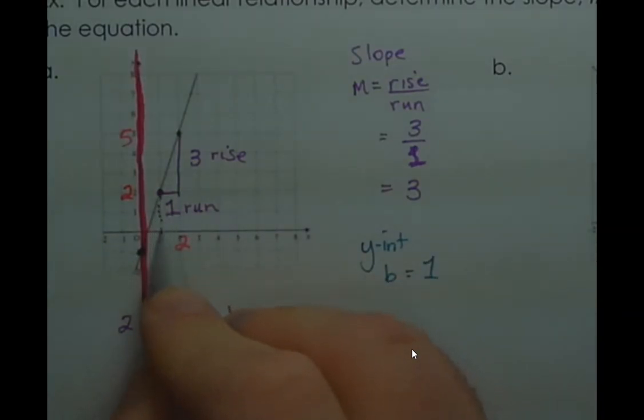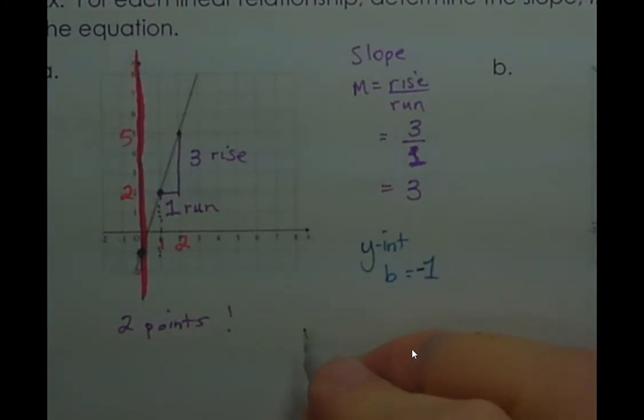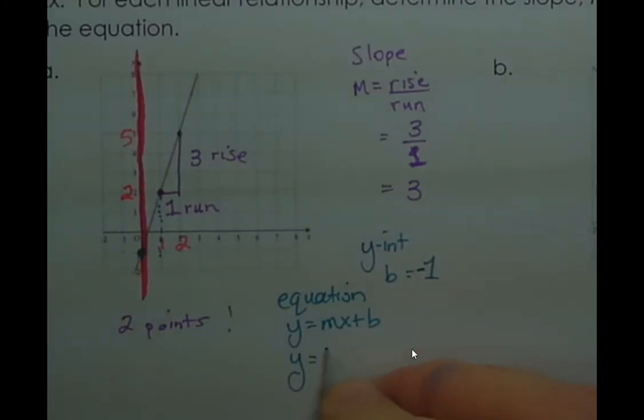And we can actually confirm that, because if we went down 3 and run of 1, that would get me that point. So that's about b of -1. Therefore, my equation: I can replace m with 3, and I can replace b with -1. There's my answer.